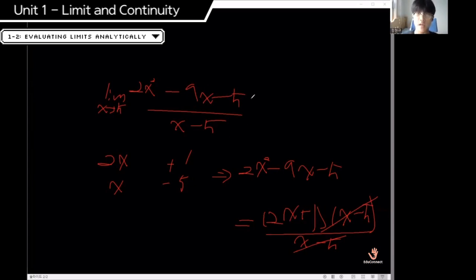So this equals 2 times 5 plus 1, which is equal to 11. So the limit as x approaches 5 of our function is equal to 11. So we used factoring in this case. That factoring helped us eliminate the term that was giving us the problem. And then we used direct substitution once again.